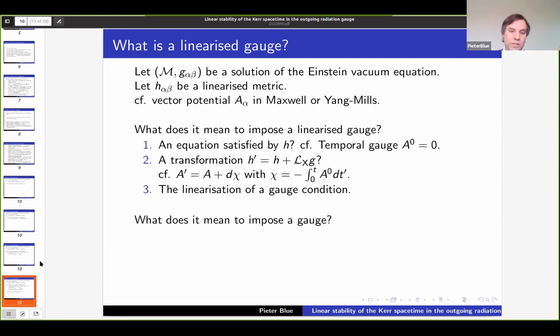So there's a question of whether you impose the gauge before the linearization, and that is the better way of doing it, particularly if you want to get to the nonlinear problem.